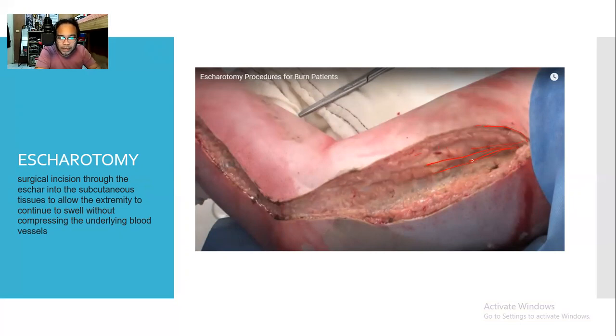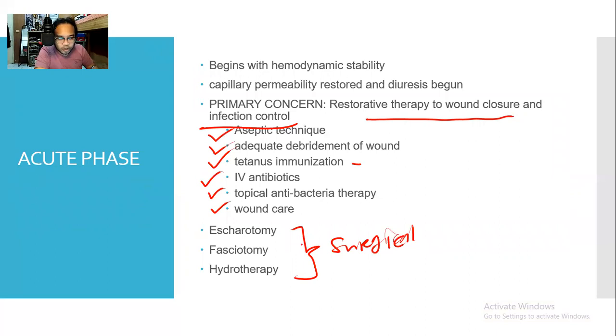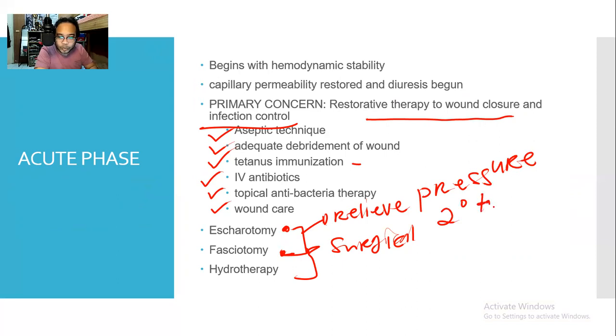Yes, fats na siya. Okay, so you have there the tissues. This escharotomy and fasciotomy, itong dalawa na ito, this is to relieve pressure secondary to your compartment syndrome.